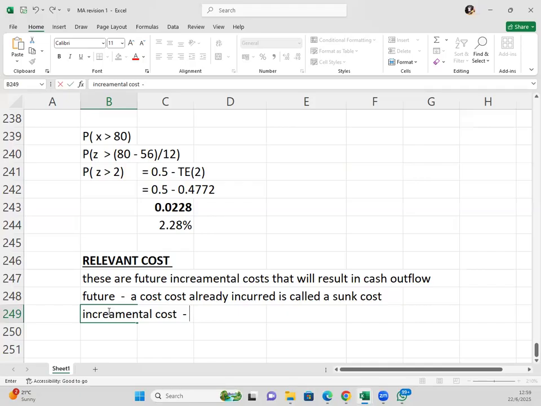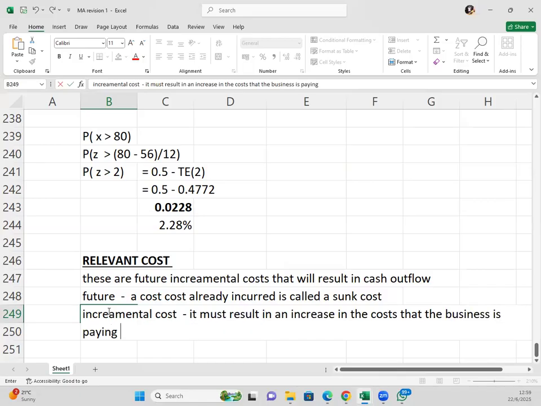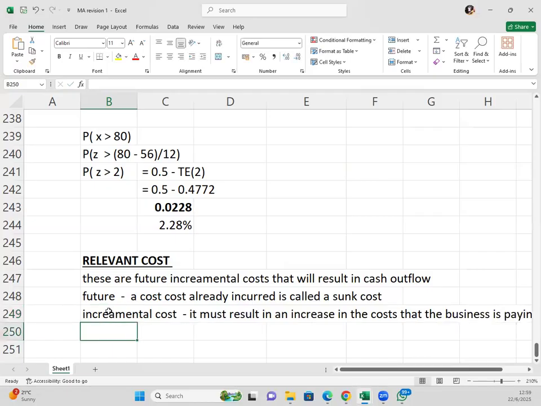A relevant cost should result in an increase in the cost that we are currently paying. So it must result in an increase in the cost that the business is paying. That's a relevant cost. It should increase the cost that we are paying.